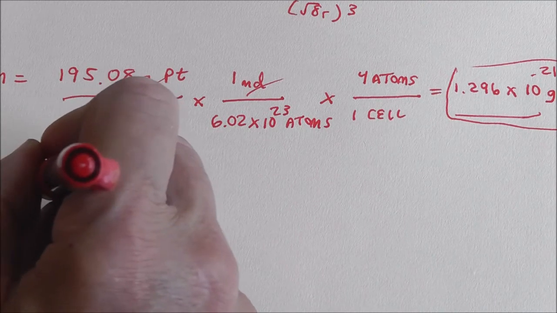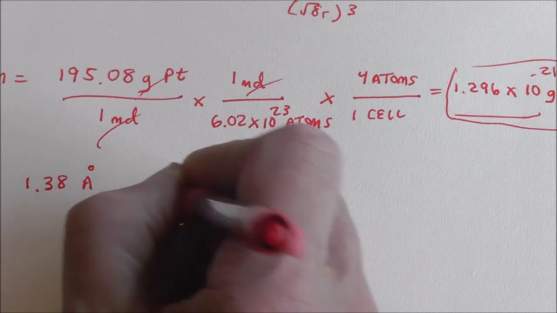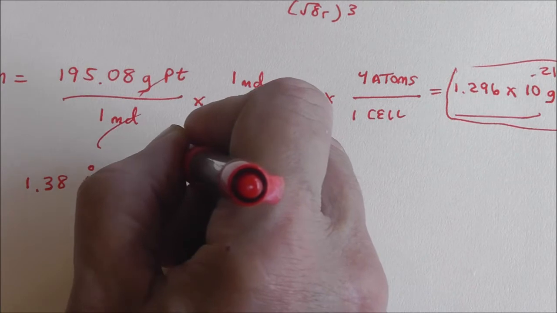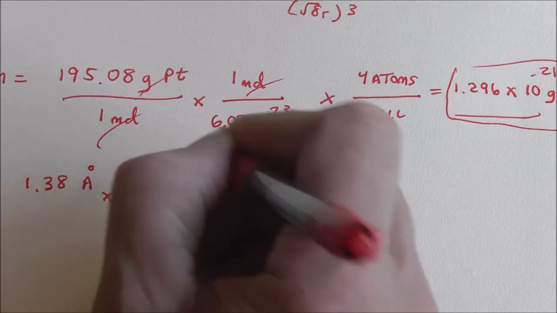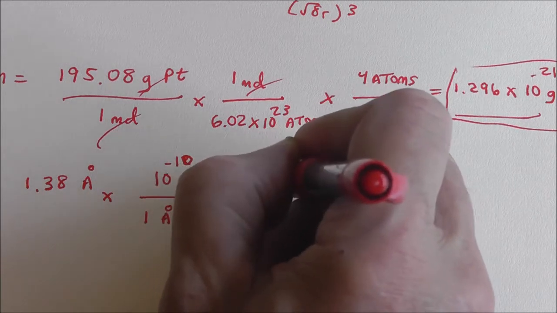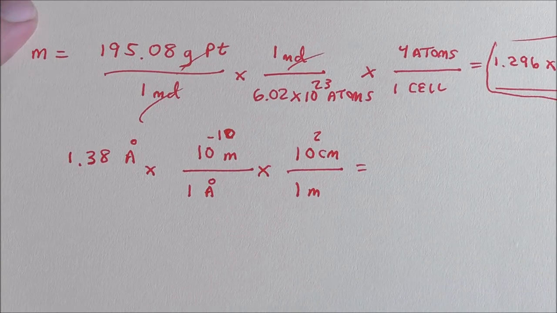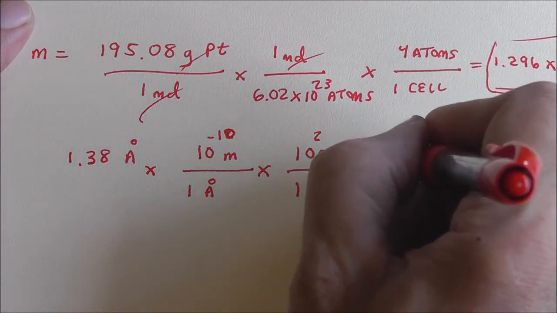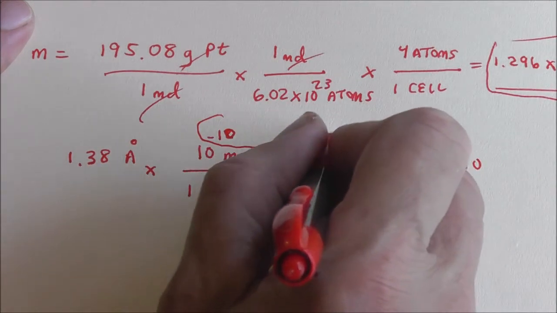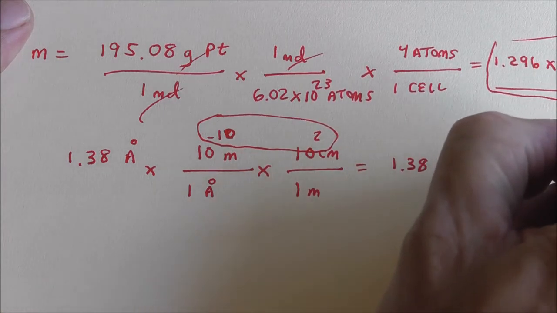So 1.38 angstroms. 1 angstrom is 10 to the minus 10 meters. 1 meter is 10 to the 2 centimeters. And the nice thing is this converts nicely to scientific notation. 1.38 times 10 to the minus 8 centimeters equals r.